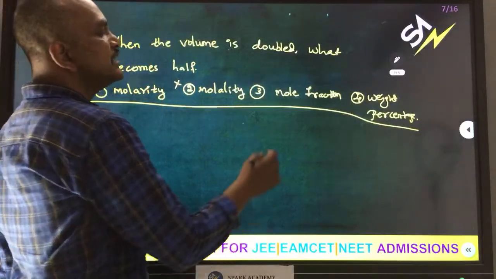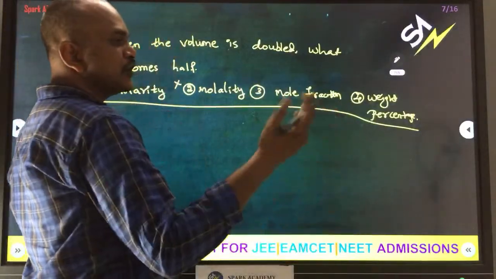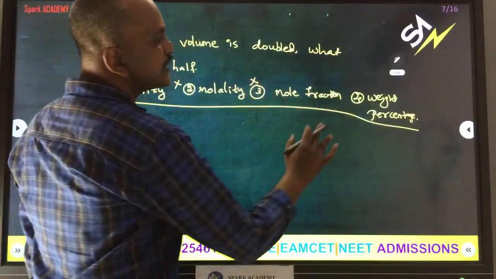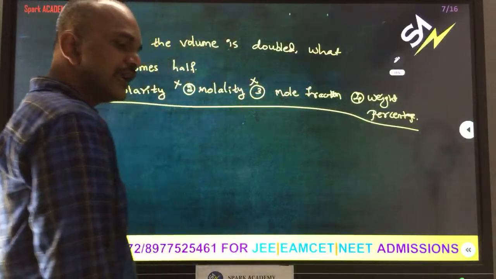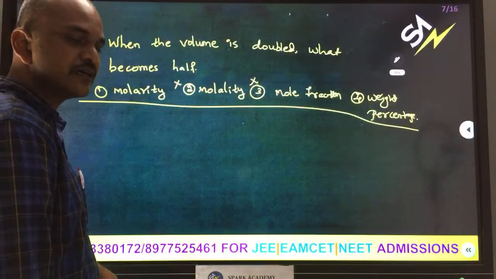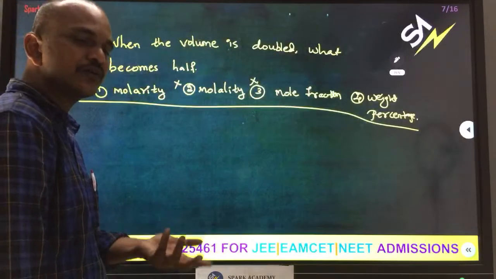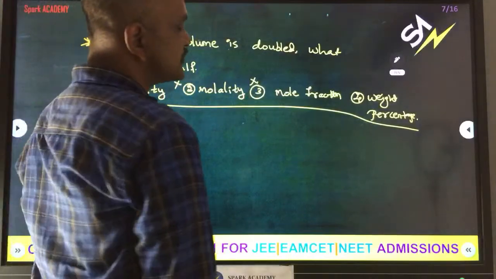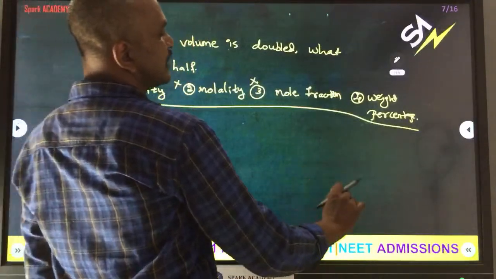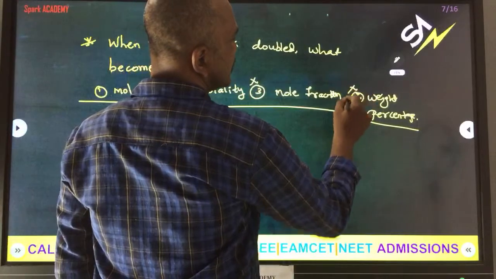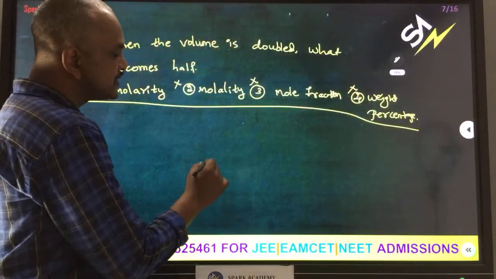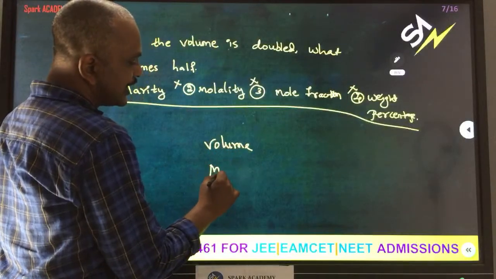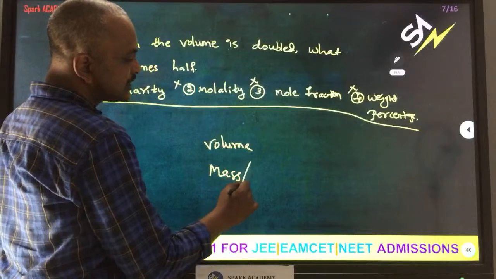Understood? Volume is not there in this also, so this is also not the answer. Next, weight percentage means weight of the component present in 100 grams of the solvent. So it is only about weight; volume doesn't come. You know that volume can be measured, and volume and mass are different from each other. Mass means weight.